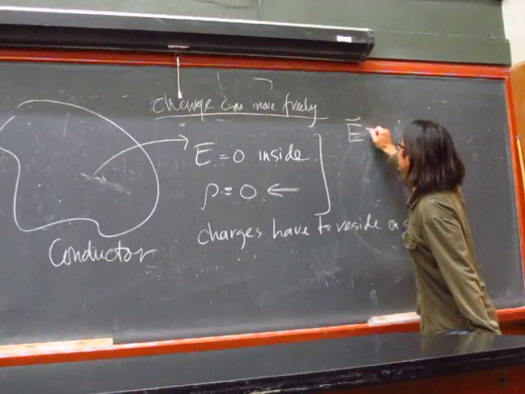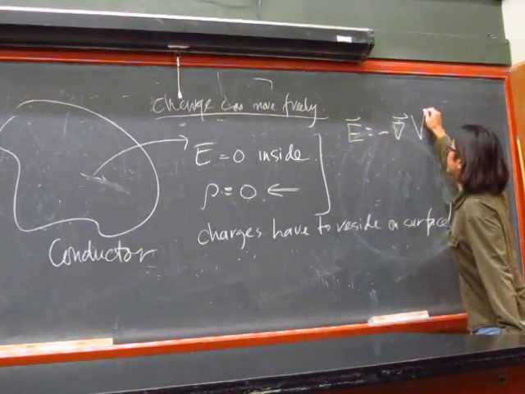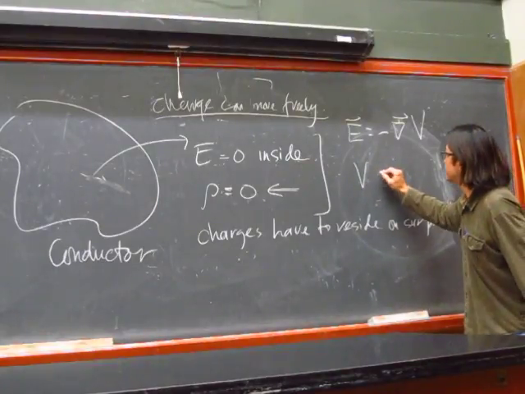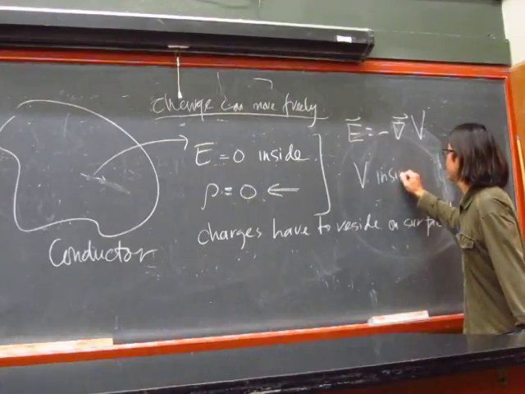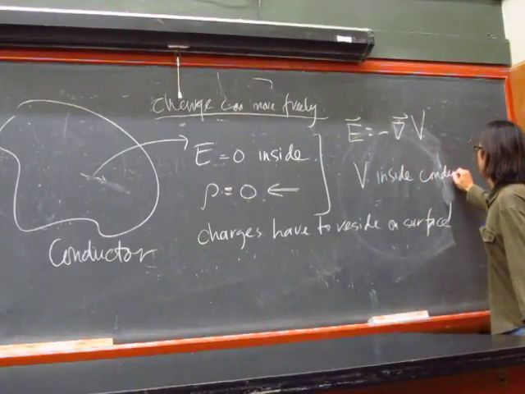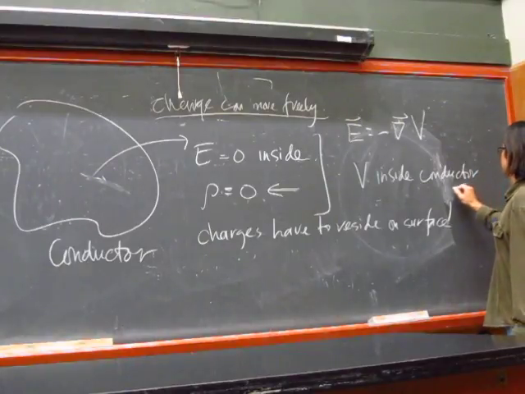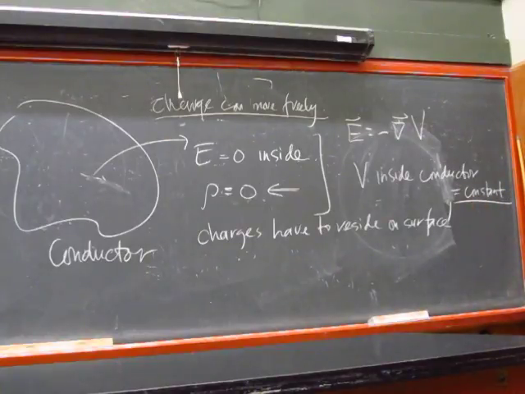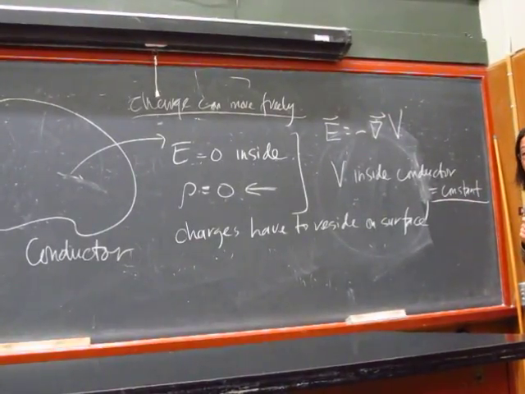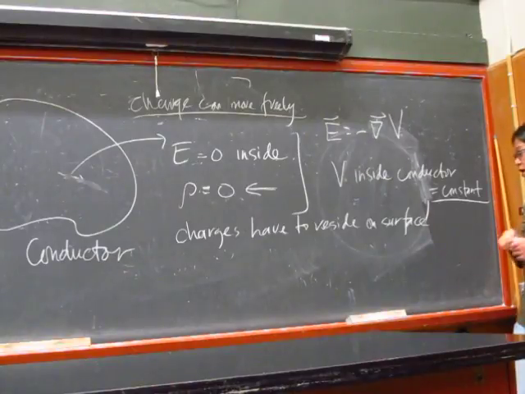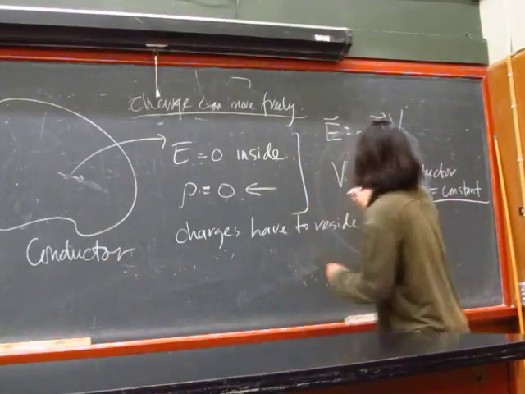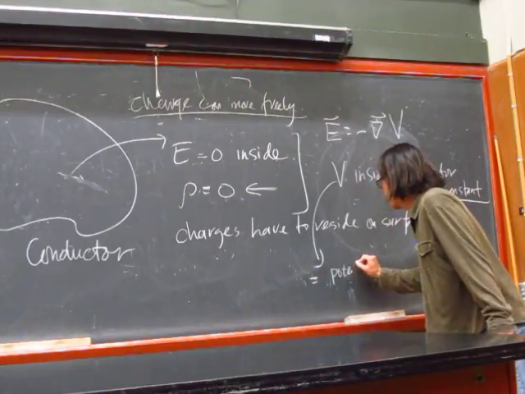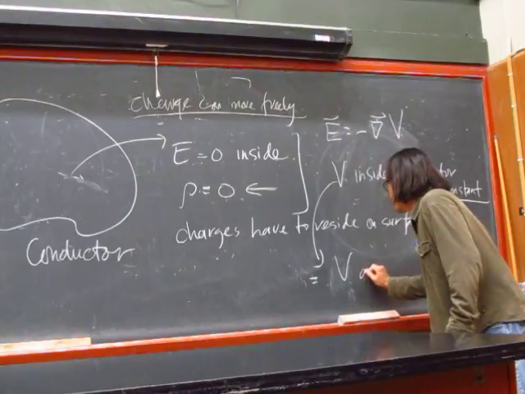Since electric field is equal to minus the gradient of potential, the potential inside the conductor has to be constant, and it's equal to the potential at the surface.